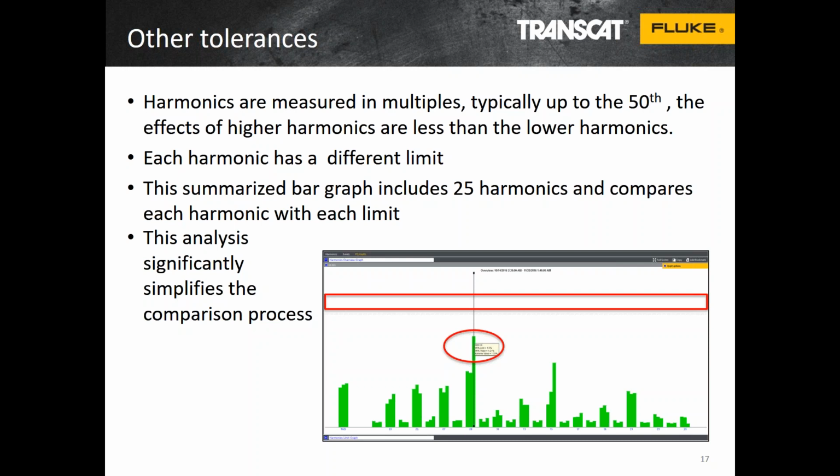But as you go up through the harmonics, the levels become much lower as to what is acceptable. So it may well be that a 25th harmonic is only 1%. But this graph correlates all that in one picture. You don't have to worry too much about exactly what the level is for the harmonic itself, because the limit level effectively moves with each of the bar graphs to simplify the analysis.